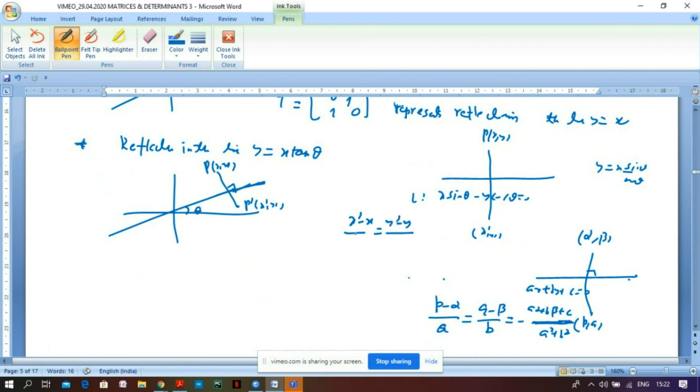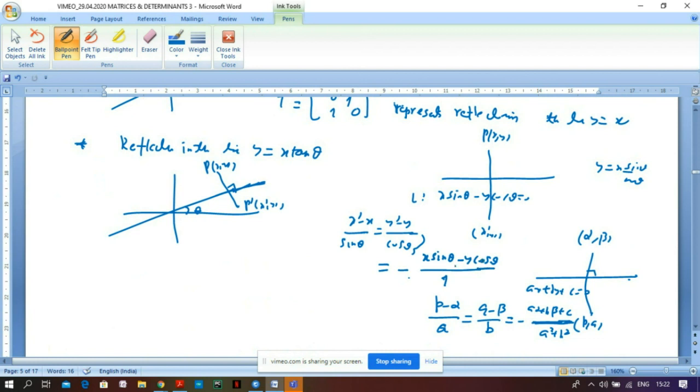Applying this one, we will get here x' minus x, y' minus y, upon here sine theta, this is cos theta, is negative of, and here it is cos squared plus sin squared is 1, and here it is the same thing that you have done, x sine theta minus y cos theta.